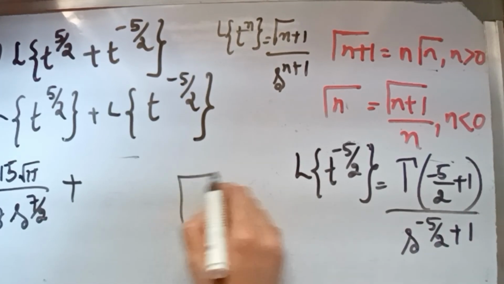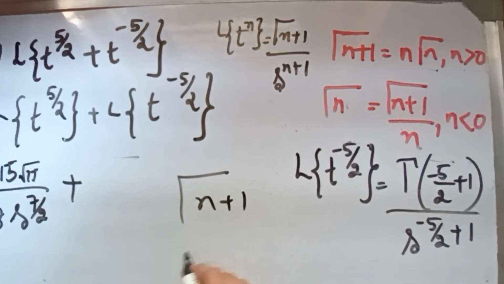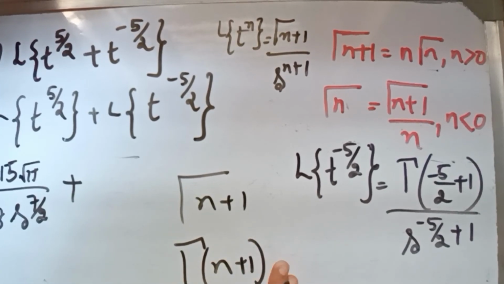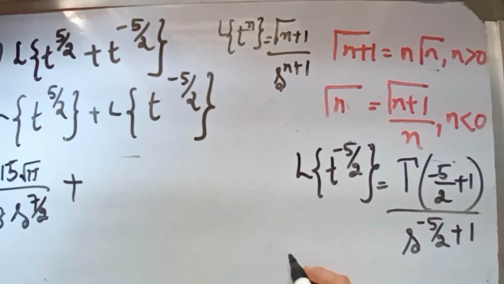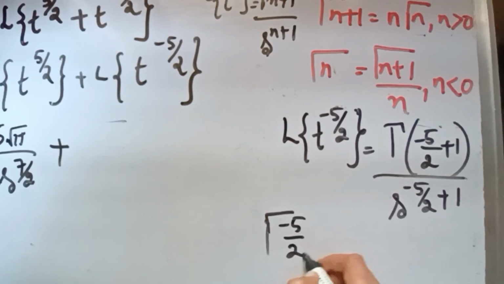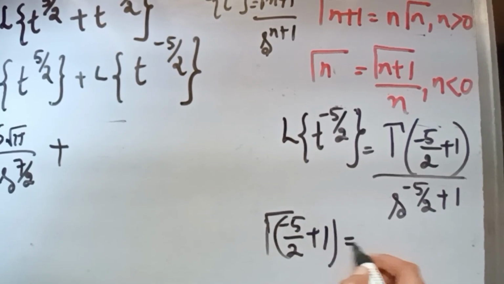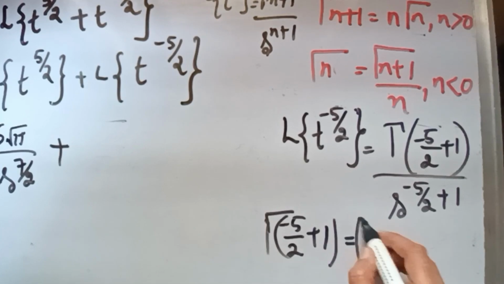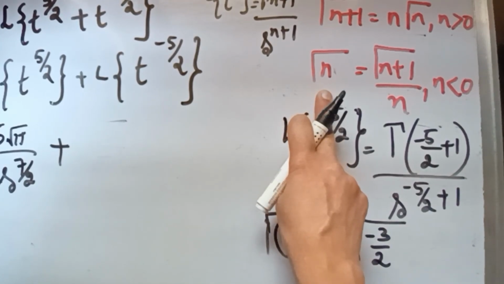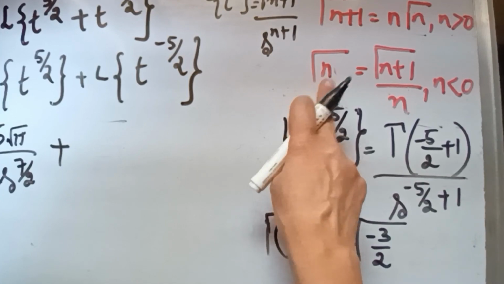Gamma can be written like this, or we can write it like this also, gamma of n plus 1. Anything is fine. So let us find out gamma of minus 5 by 2 plus 1. After simplification you'll get gamma of minus 3 by 2, because when n is negative we have to use the gamma n property.